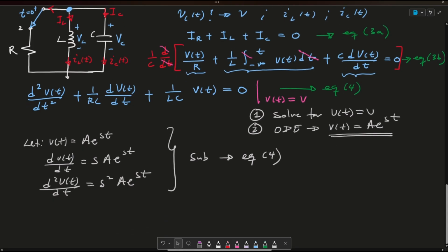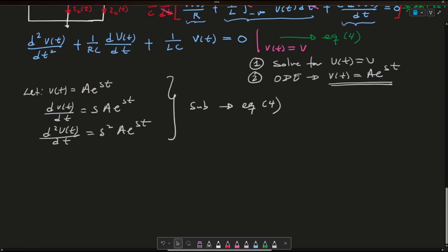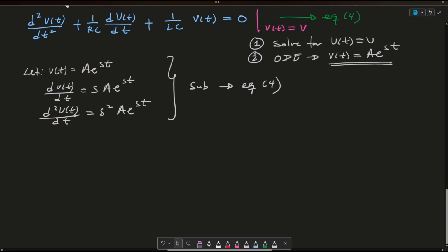I'm going to scroll down here just to give myself a little more room while keeping equation 4 at the top of the screen.